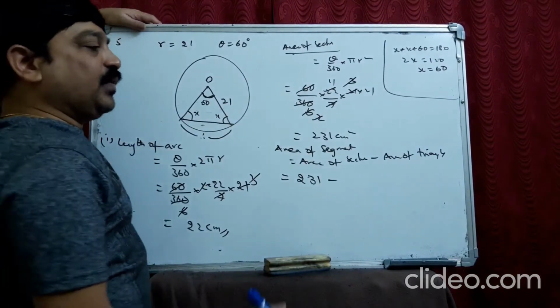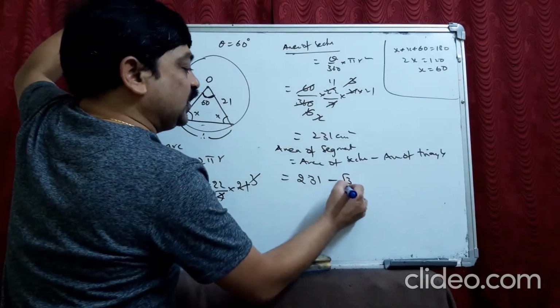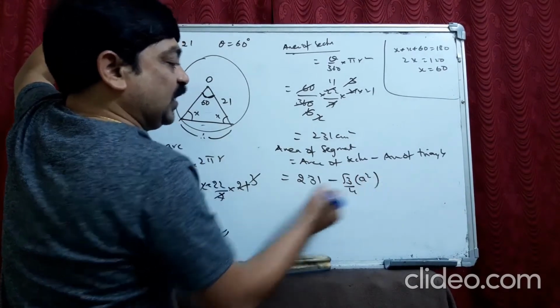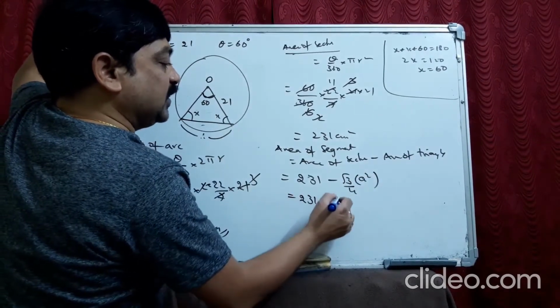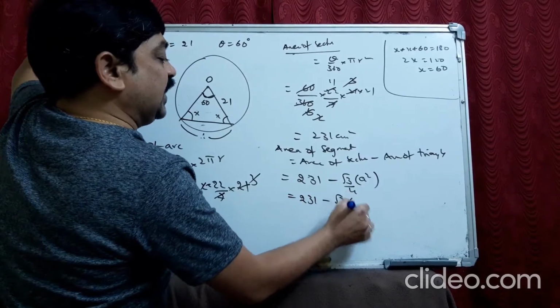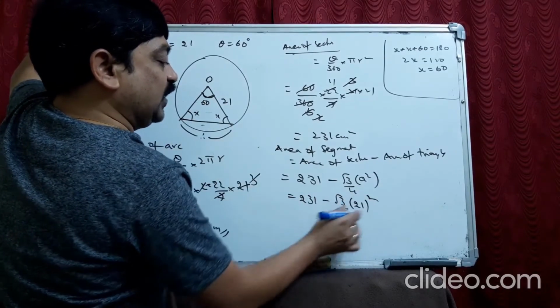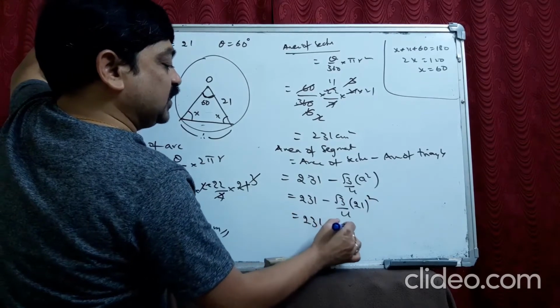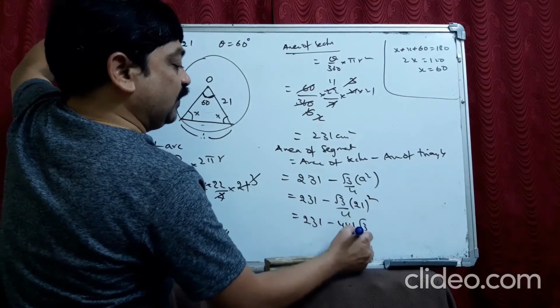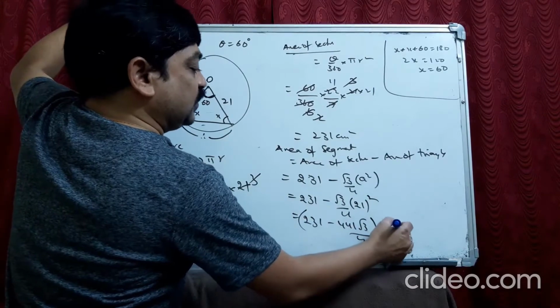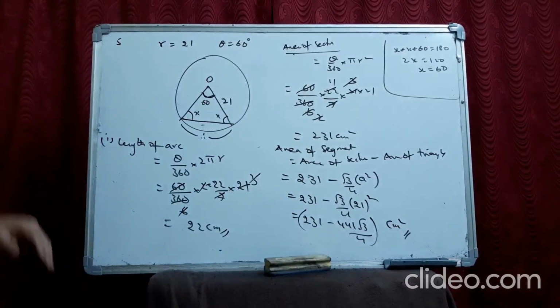What is the formula of area of an equilateral triangle? Root 3 by 4 a square. So it becomes 231 minus root 3 by 4. What is a here? Side. Side is nothing but radius here, 21 square. So it becomes 231 minus 441 root 3 by 4. You can leave like that, no need to simplify, centimeter square. Okay?